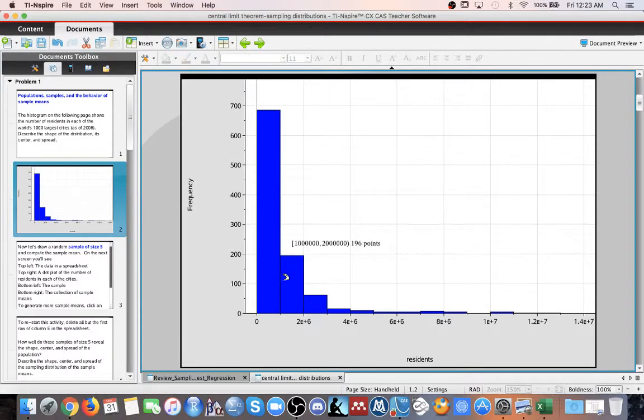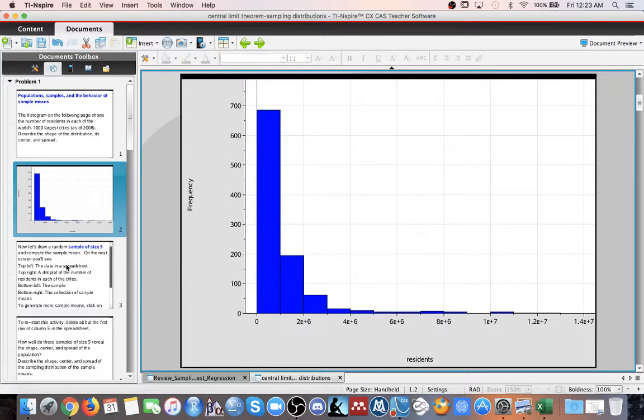But the mean's going to be a little bit to the right, so the mean may be in this bar, the median may be in this one. Just to get an idea of this distribution, and this is population data. This is not a sample. If we keep the context for 2008, this is what the world's 1,000 largest cities populations were.